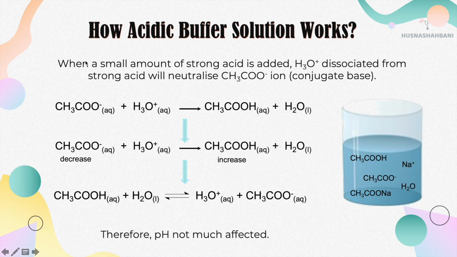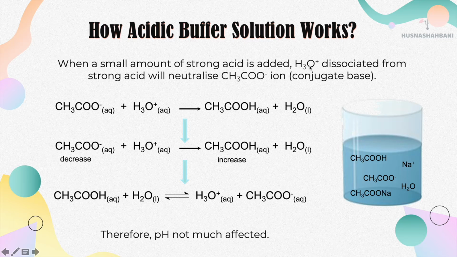How it works: when a small amount of strong acid is added, H3O+ is added into this acidic buffer solution. The H3O+ from the strong acid will neutralize the CH3COO- ion, or conjugate base.